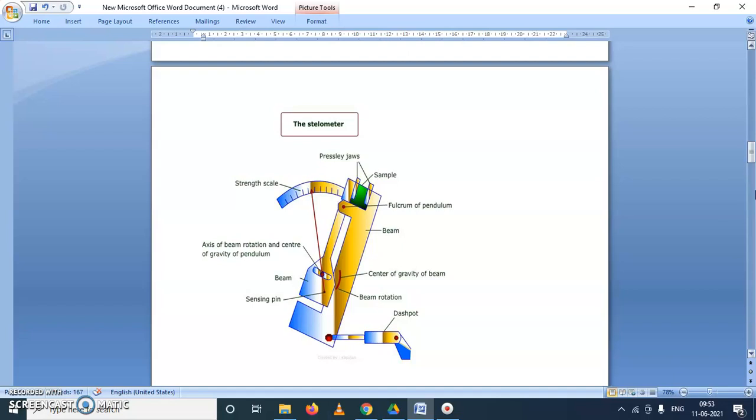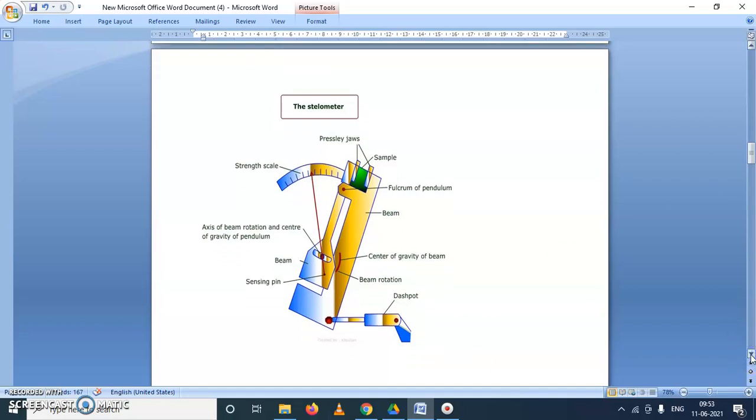Okay, now it is based on the pendulum lever principle, so we'll try to understand how it works. One more thing we must know is that it is based on CRL. In this, a load rate of 1 kilogram per second is maintained, and the gauge length is 1/8 inch.